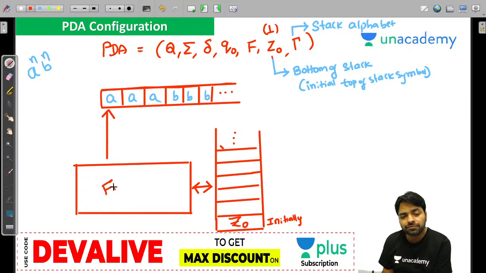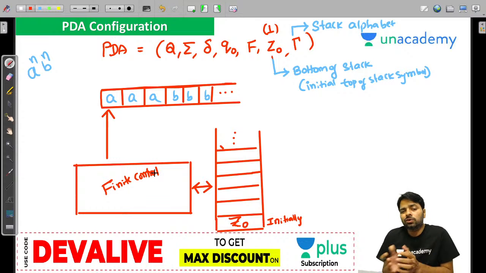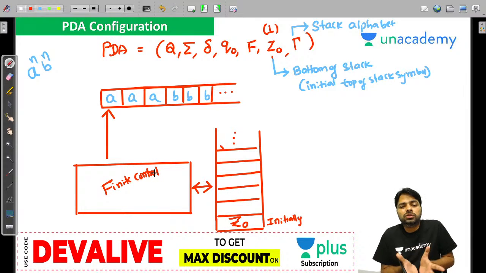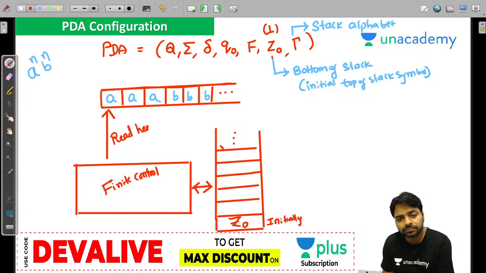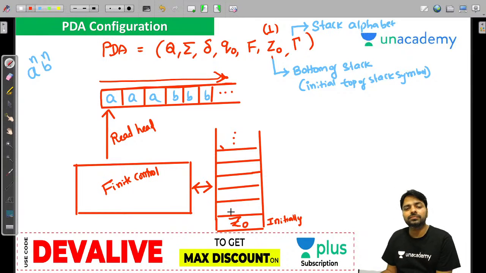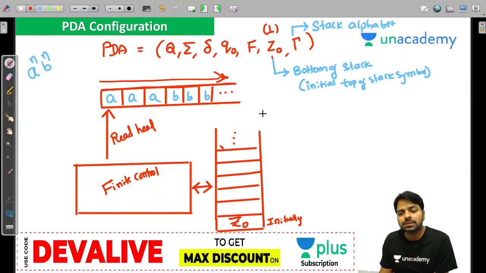And this is called a finite control. Just like a finite automaton, you have a few states and a few transitions in the machine, and this is the read head. This head moves in only one direction, remember. Now how do I push?